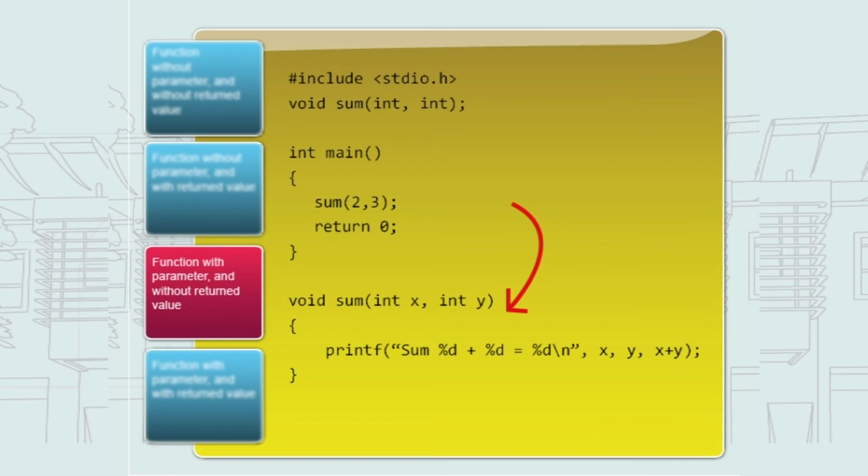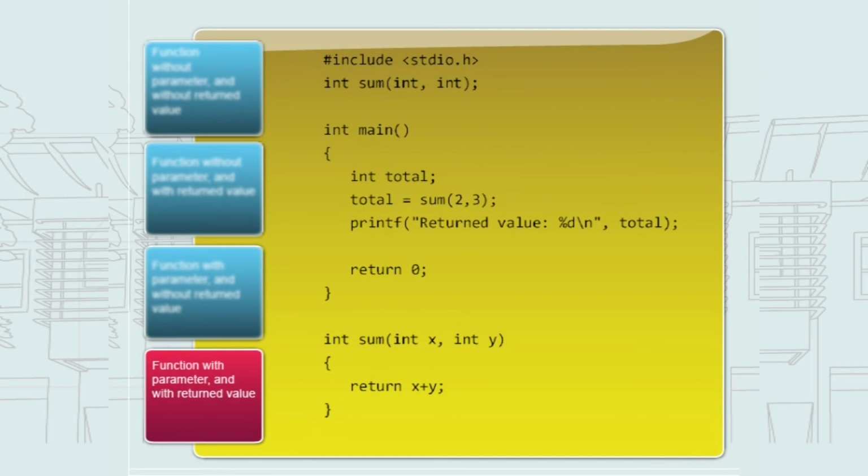The value 2 is copied to x and 3 is copied to y, respectively. Then, these values are used in the printing statement. Notice here that there is no returned value to the main function. After the control of the program is returned back to main, and without any further statement, the program is terminated.